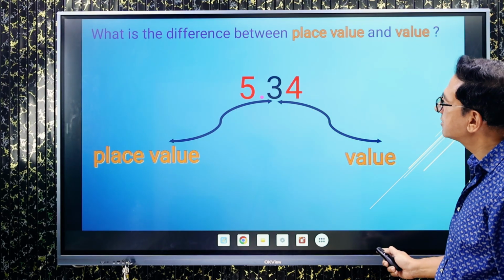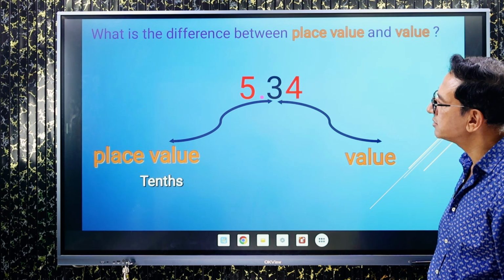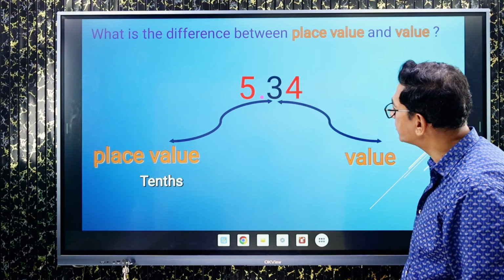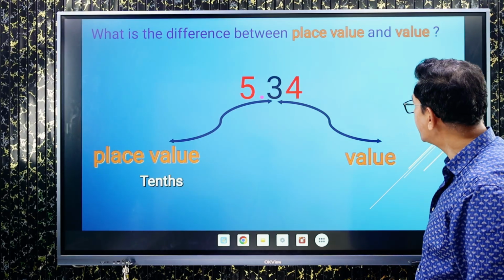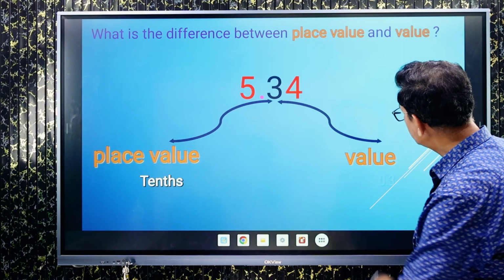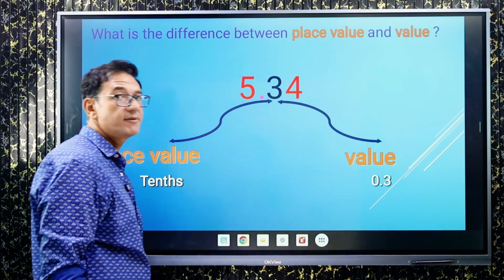Yes, the place value of 3 is tenths because 3 is the first digit which is coming after the decimal point, and the value of 3 we will write 0.3. Yes, this is the value.